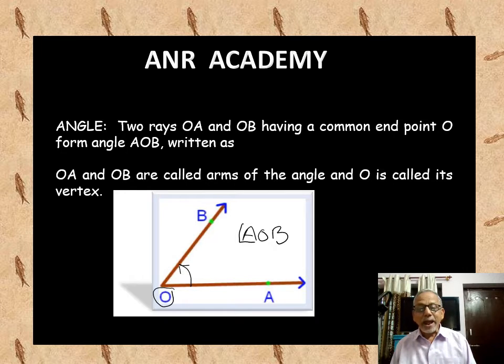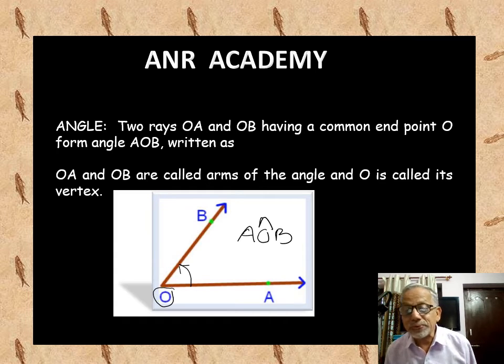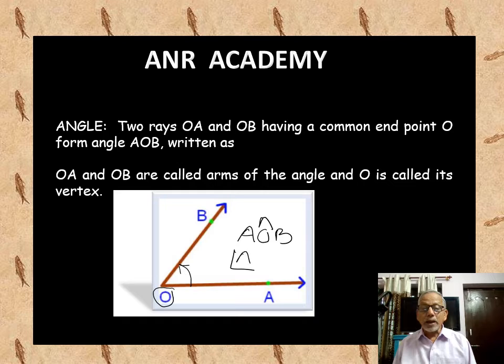Or we can write like this also, with a small angle symbol on top of O. In any manner we can show it, either like this or like this, angle AOB. Clear?